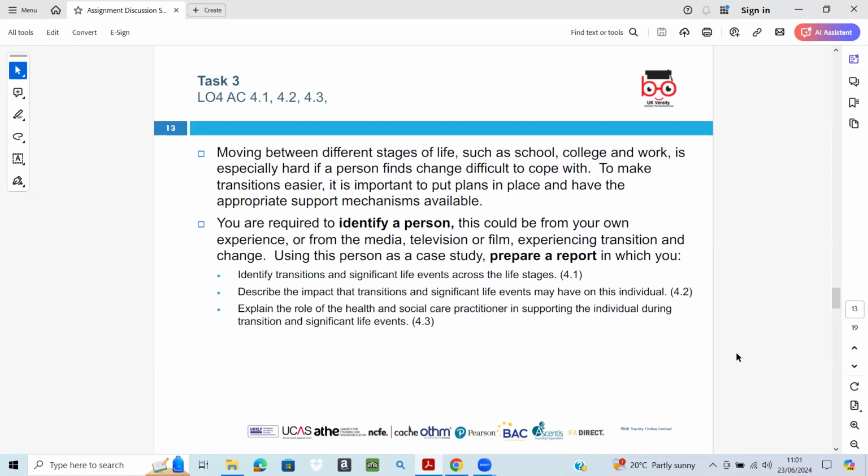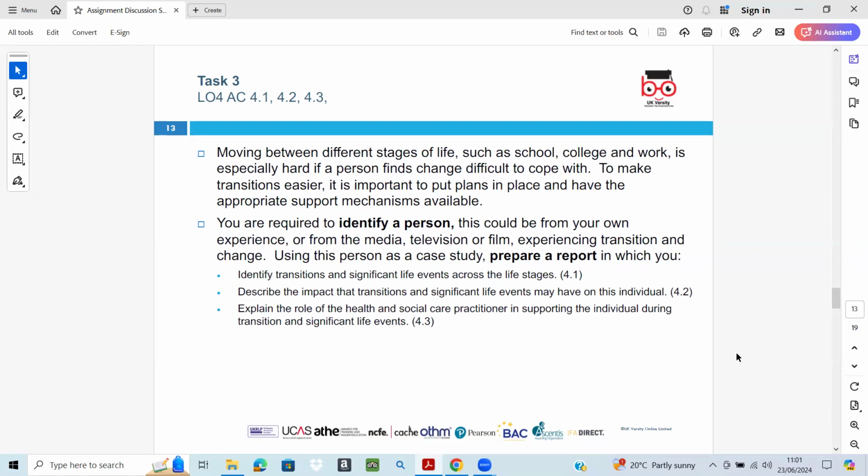We need to discuss the impact of transition and significant life events. This is criteria 4.2. So we need to describe how these transitions and life events have impacted the individual emotionally, psychologically, socially, and physically as well.